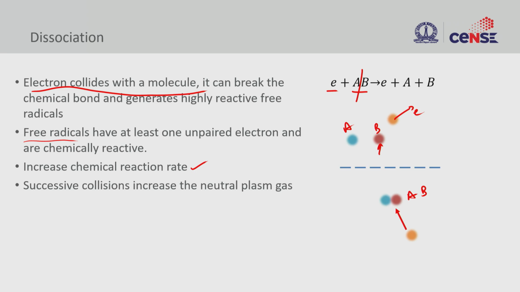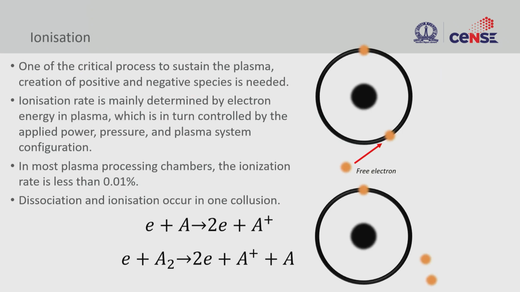The successive collisions that this electron is going to have will increase the neutral plasma gas. Whatever species we generate here, these reactive species, are all neutral. You see here there is no charge. These are all neutral species, and they are chemically reactive.